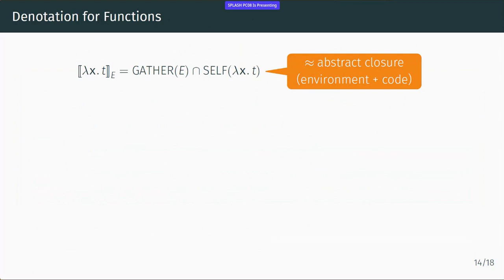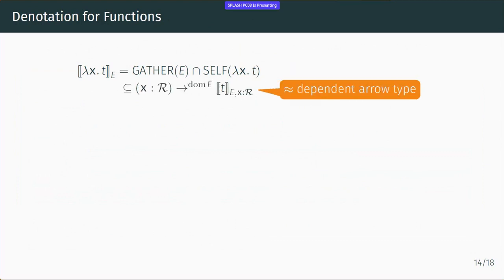But you can abstract this to describe the extensional behavior of the program. So here I introduce yet another combinator on relations that looks like a dependent arrow type, where R is a precondition, and on the right-hand side, I have the condition that is implied by the semantics of the body of the function.